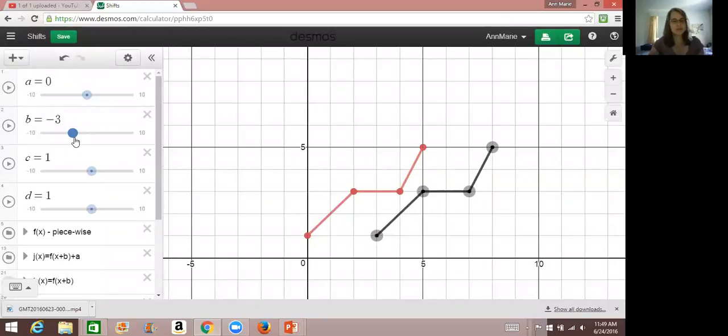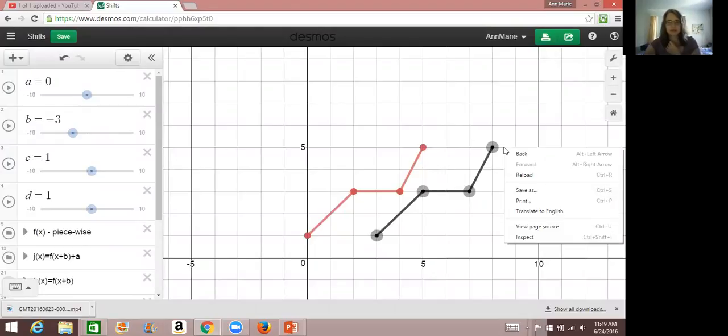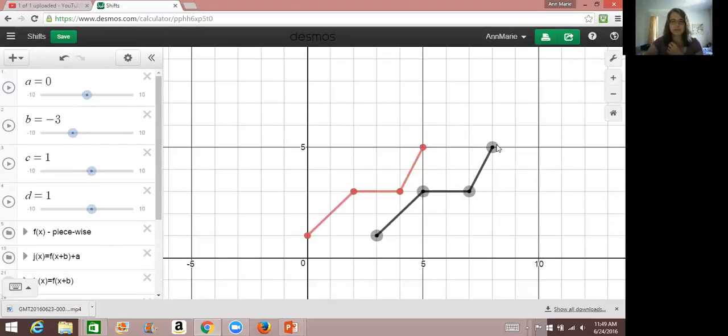But now I'm also going to make a vertical change. What I have is f of, in parentheses, x minus 3, and then outside of that parentheses, I'm going to say -4.